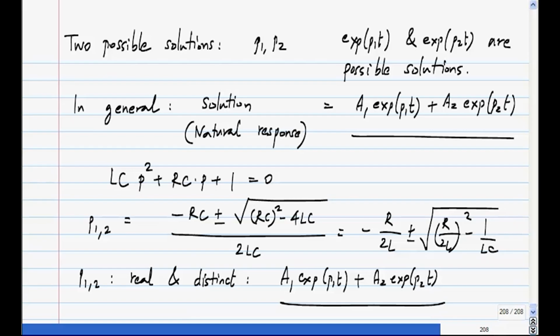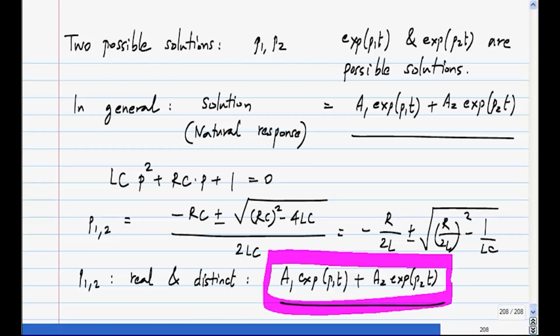so when P1 and 2 are real and distinct, this is the natural response. Okay, and when does this happen? When will they be real and distinct? Rc square greater than 4Lc, or in other words, R square greater than 4L by C. Okay.